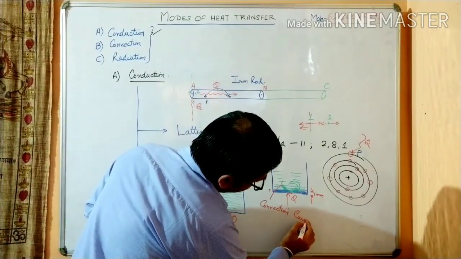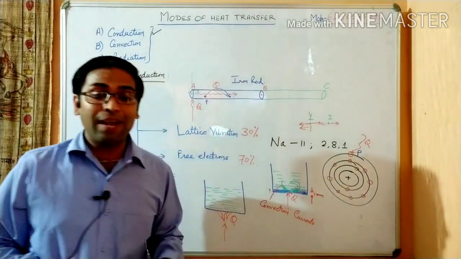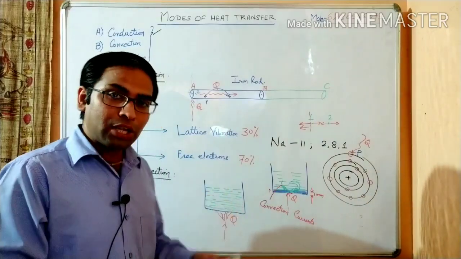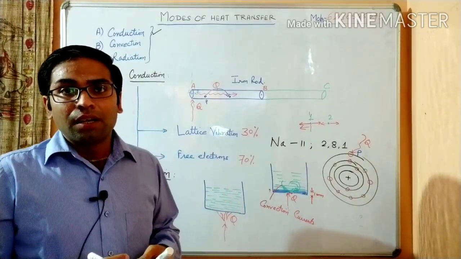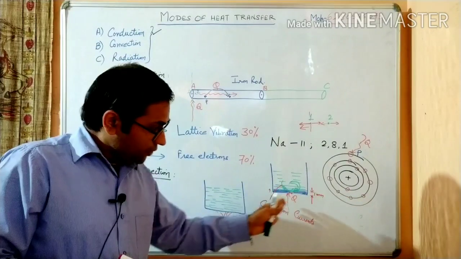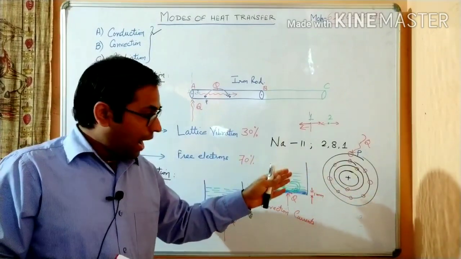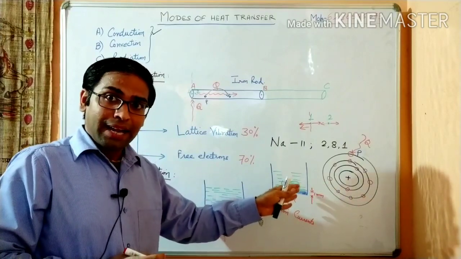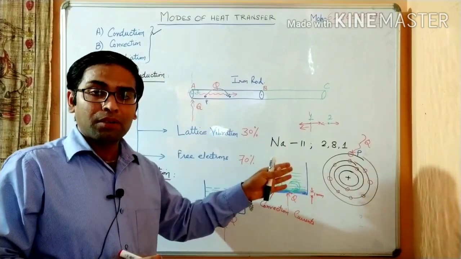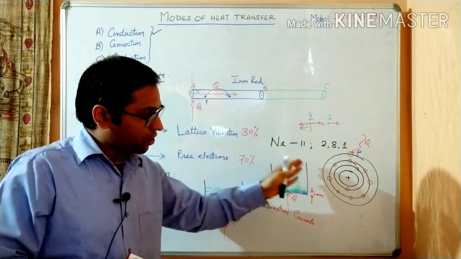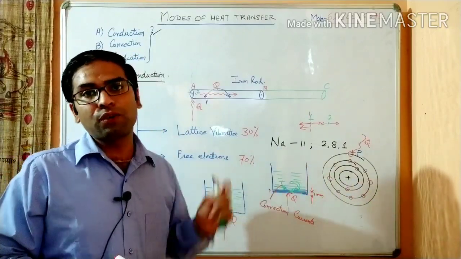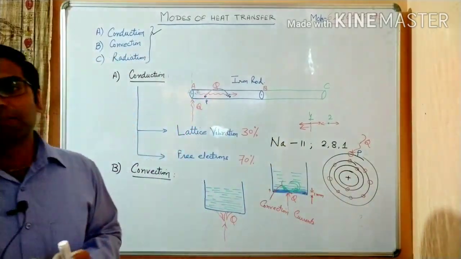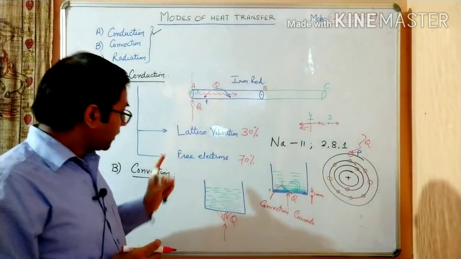Convection currents. So you see, convection currents are established within the liquid, and this phenomenon will continue until every lower temperature particle gets heated up. What I mean to say is, when there is uniform distribution of the heat throughout the liquid bulk, this phenomenon of convection currents will carry on. So this is convection.